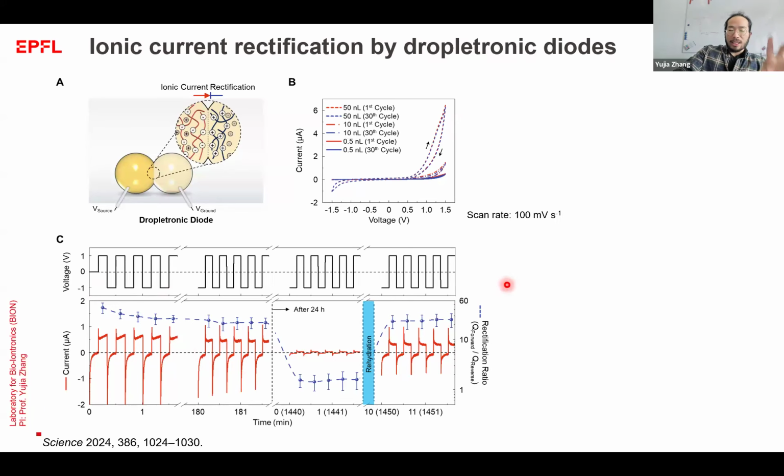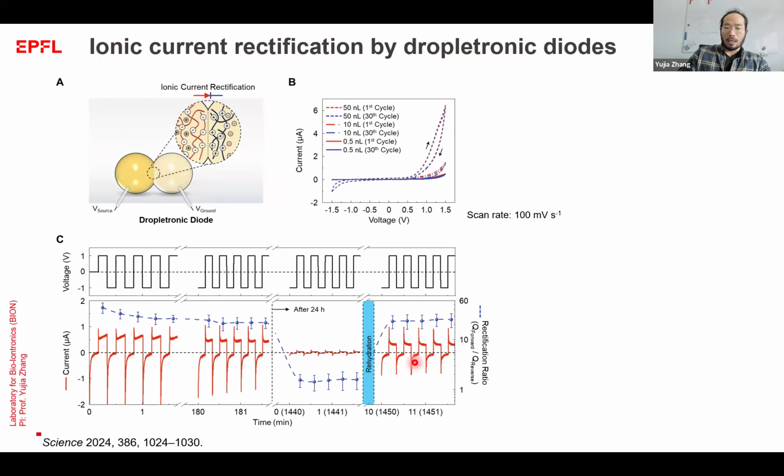However, the main challenge we had was that, because of the small size of those aqueous or hydrogel droplets, the water evaporates very easily if we just keep the device in room conditions. For example, after 24 hours, because of the water evaporation, we see a significant increase of the resistance of those systems.